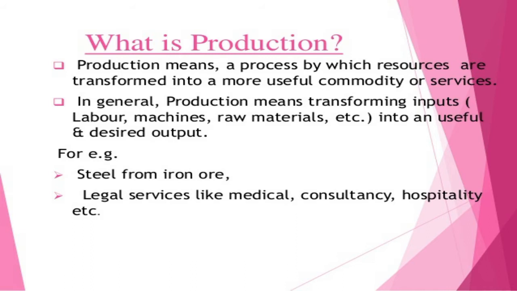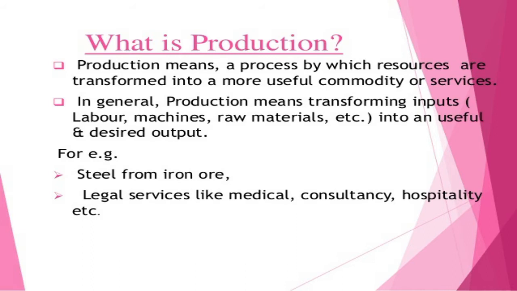So acquiring all these inputs, he produces the output. Transforming the input combination into output to produce goods is called production. In general, production means transforming inputs, in the sense labor, machines, raw material, into a useful and desired output.